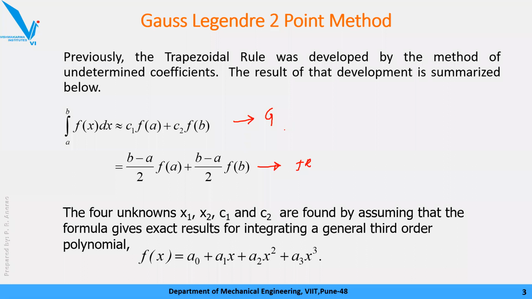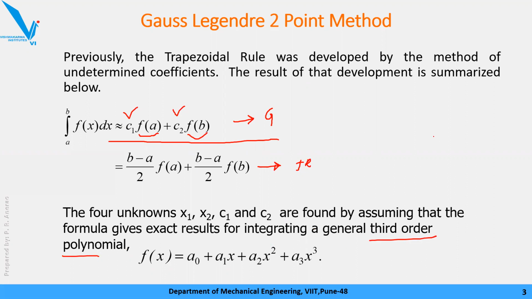Now in the first equation of Gauss you will find that there are c1 and c2 as the unknowns. Later on, when we see this function of a and function of b, it is assumed that we are dealing with a third order polynomial.